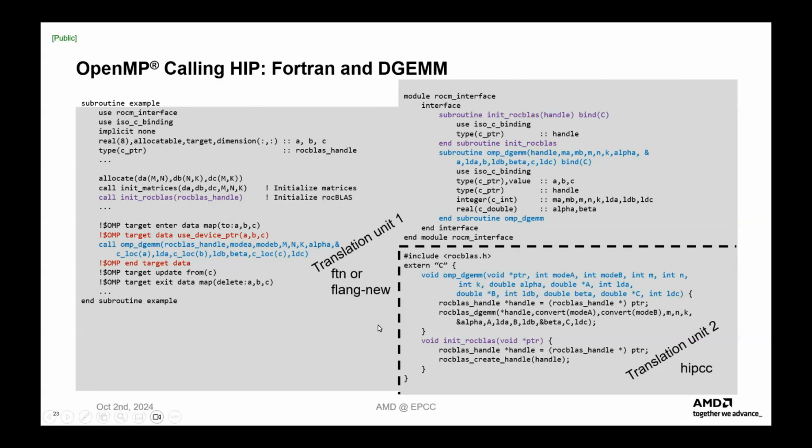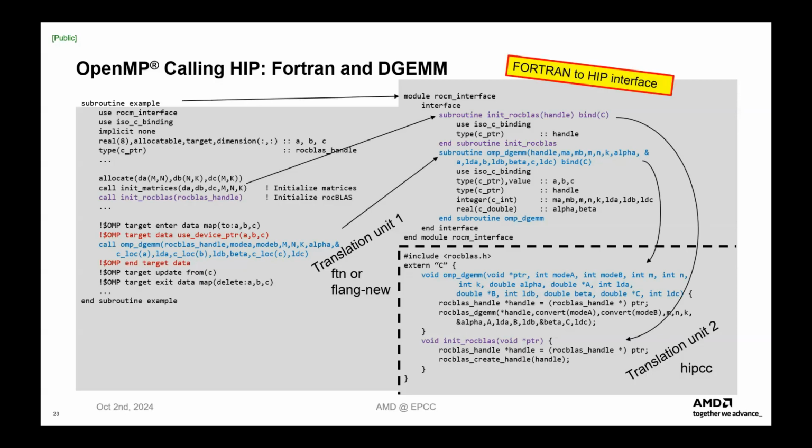For the Fortran code and the interface with the ISO C binding, you use, for example, Cray ftn or the AMD Flang new. For this training you have the AMD Flang beta drop module, and the HIP code, everything with C, goes in the second translation unit, and you use hipcc to compile that. So that's very similar to what you have in C.